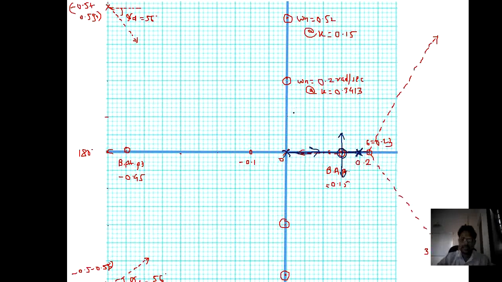Then, to follow the asymptote, this root locus should pass through the intersection points twice. First it will go through 0.2, then 0.5, and then go along the asymptote.